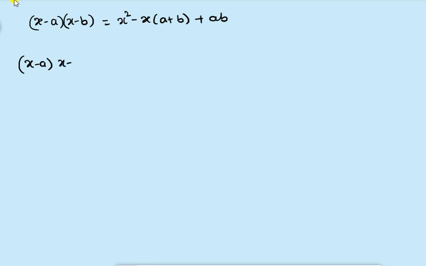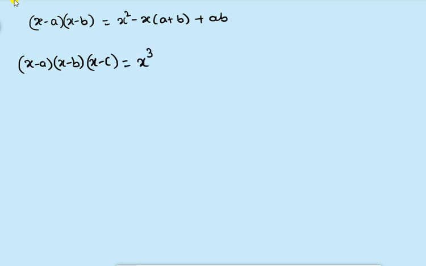So all of you observe here, another important idea I am discussing. Suppose we have (x minus a) into (x minus b). What we can write this as? x square minus x into (a plus b) plus ab. Suppose we have (x minus a) into (x minus b) into (x minus c).